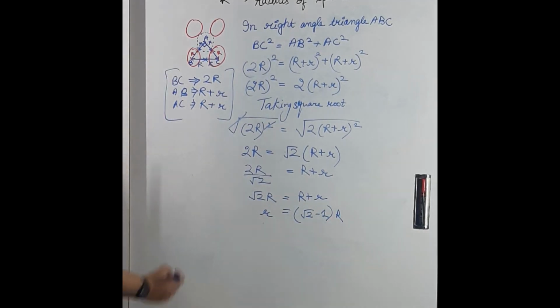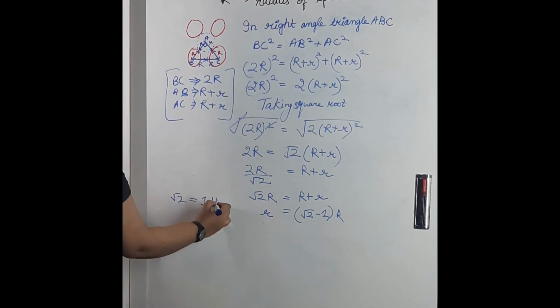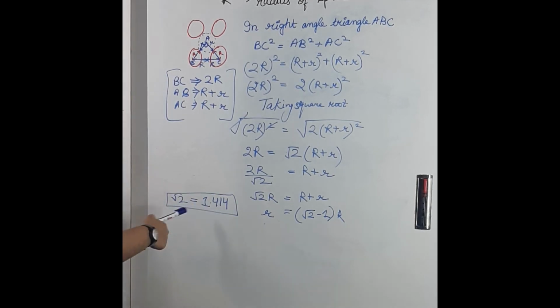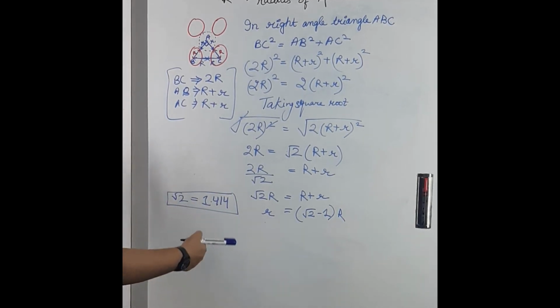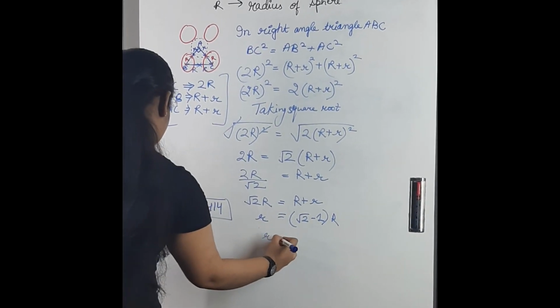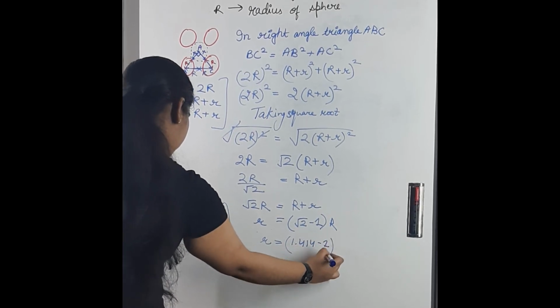And the value of √2 is 1.414. You should learn this because in exams there is no time to calculate the values. r is equals to, by putting the value of √2 we will get this.